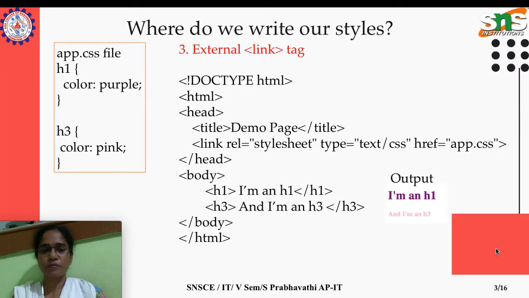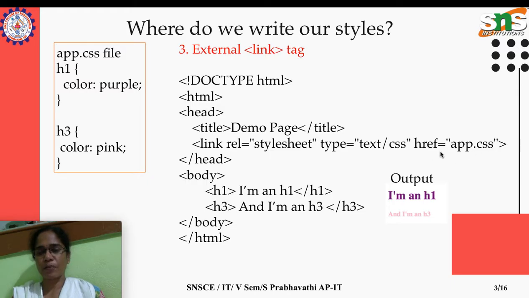The preferred way is external, which we have seen already, and we will have a quick recap. We will be using the HTML link element: rel is equal to stylesheet, type is equal to text/css, and href, and title is optional.